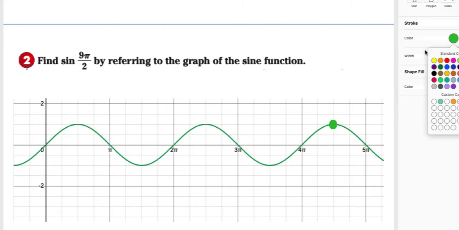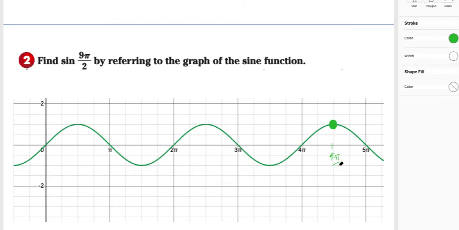And so that should indicate what our value is. Since this is 9 pi over 2, or 4.5 pi, we can see that the value of that is 1. So the sine of 9 pi over 2 equals 1.